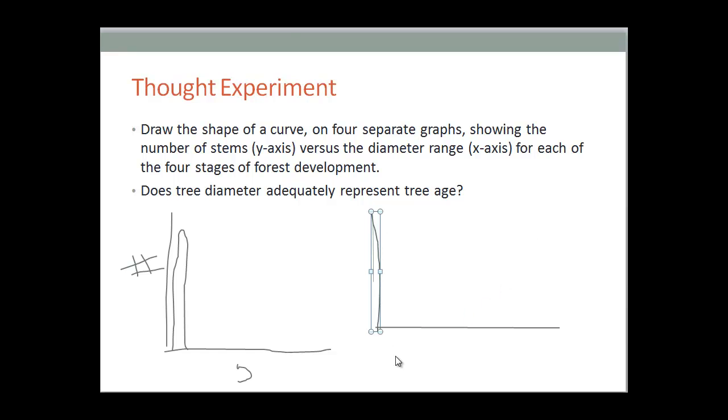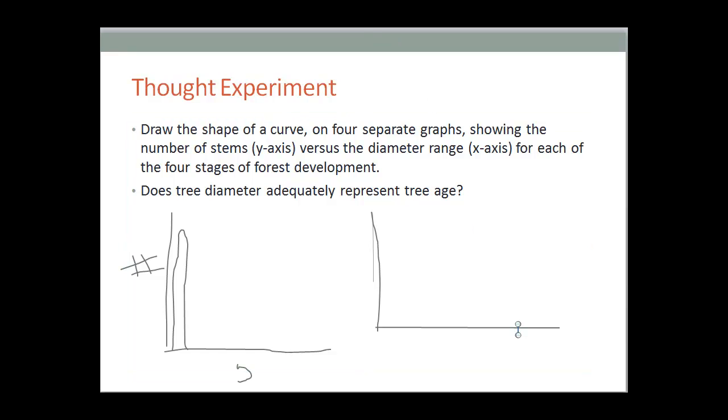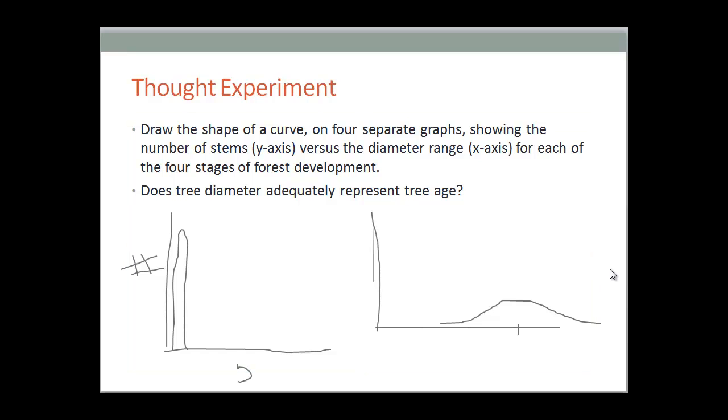These are obviously kind of rough, but now the average diameter is going to be out here, something on the order of 12, 14, 16, 18, 20 inches in diameter, and you're going to have a wide, relatively flat, low curve, so there are relatively few stems per acre, and a lot of variability. So variability through time increases, number of stems through time decreases.